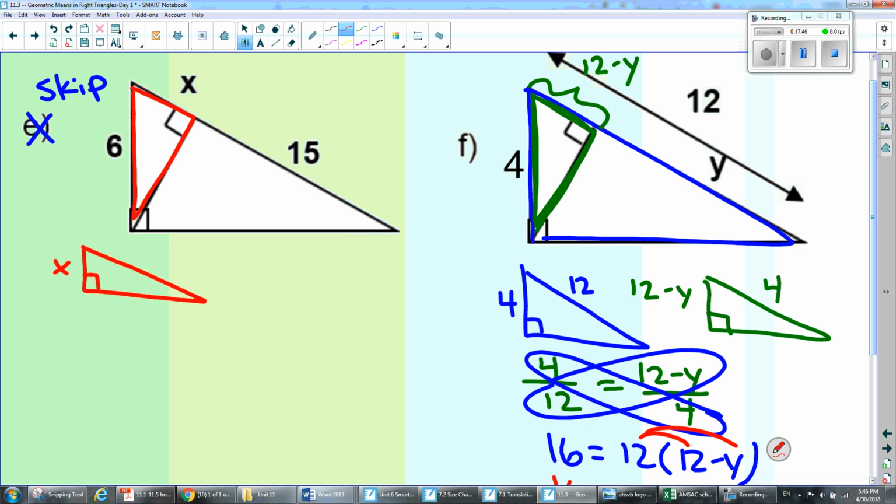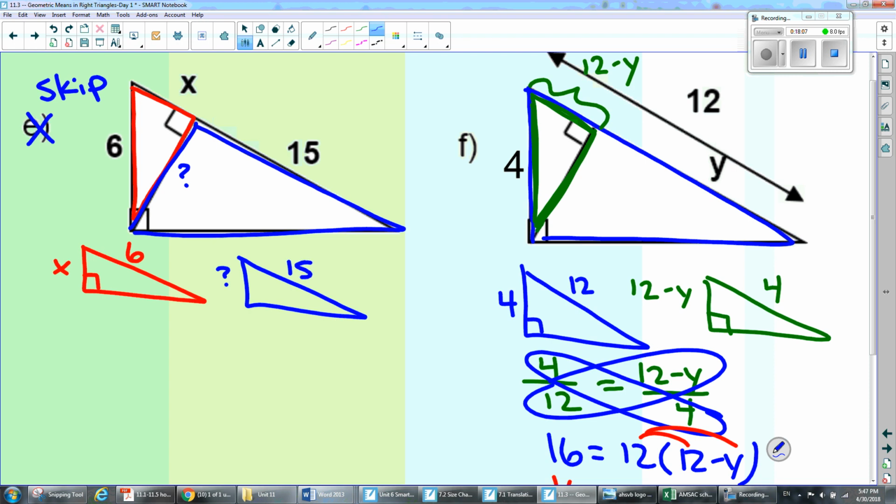I have a short side, and in this case, a hypotenuse. I'm looking for another triangle that gives me the short side and the hypotenuse. I see another small triangle here. So I'm thinking, do I have the short side? No. Do I have the hypotenuse? Yes. But since I don't know that short side, I cannot use that triangle.